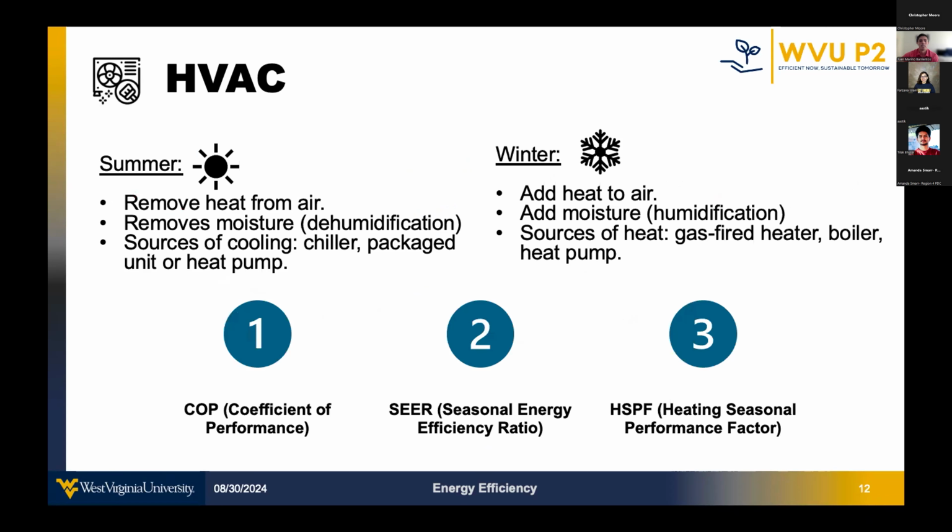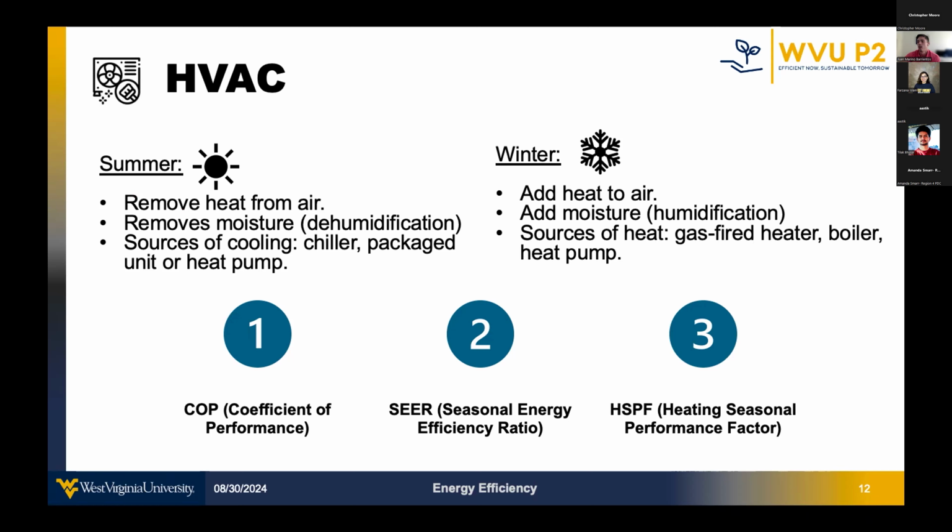So let's break it down into both summer and winter, focusing on their key functions and the sources to achieve them. In the summer, the primary goal of the HVAC system is cooling, right? The system works to remove heat from the air, which helps maintain a comfortable indoor temperature.